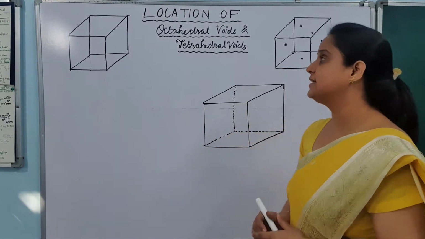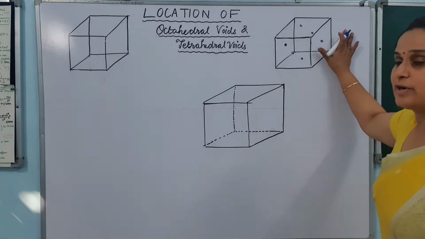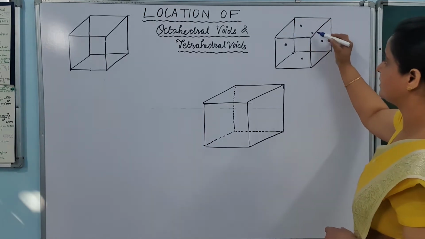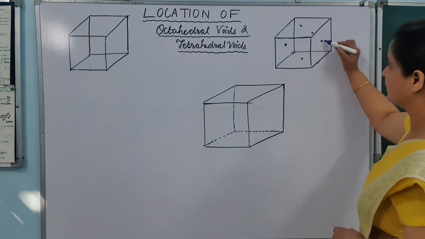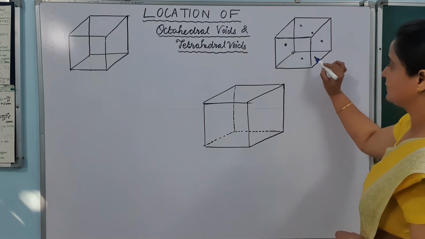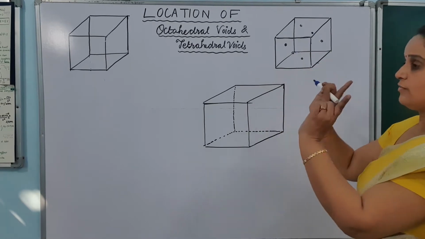Okay, so let's see. I am starting from the basic cube, which I have already drawn here. This is your cube and these are the centers of the various faces. So this is the center of this face, the back side one, and this one, and I am going to connect all 4 side faces.